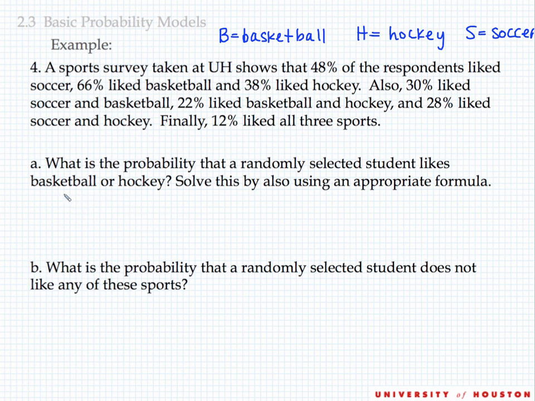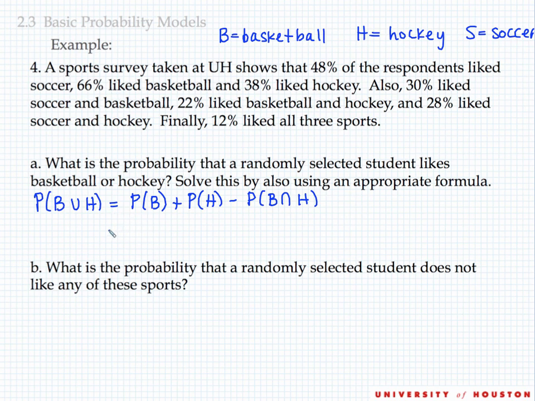So the probability that they like basketball or hockey will equal, by my formula, the probability of basketball plus the probability of hockey minus the probability of both basketball and hockey.